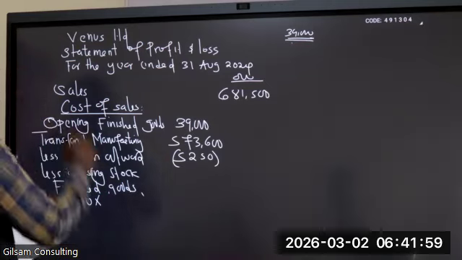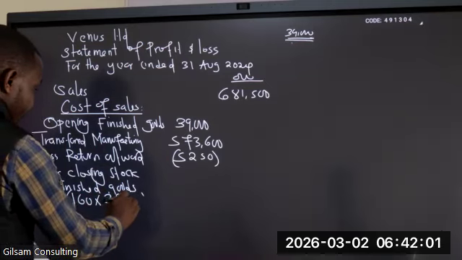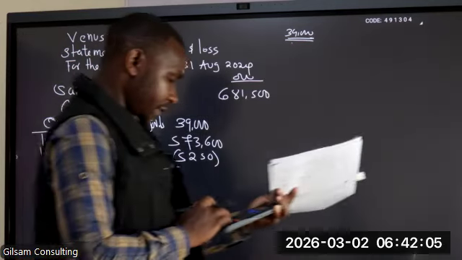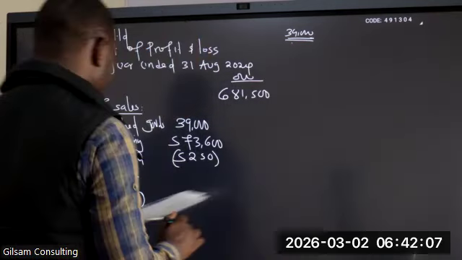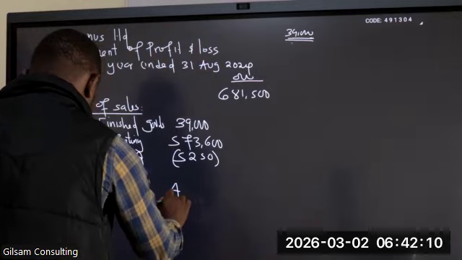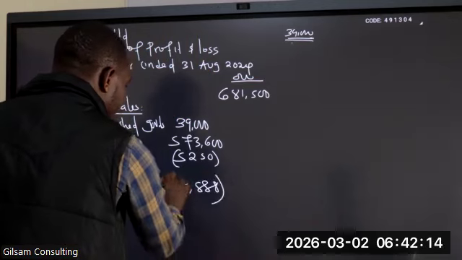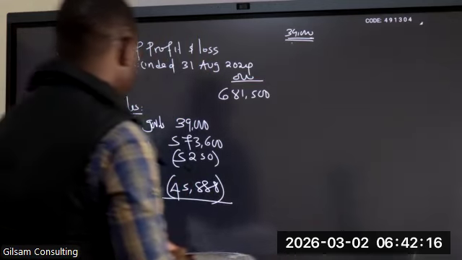So we multiply by 286.8. We multiply by 160, which will give us 45,888 as our closing finished goods.